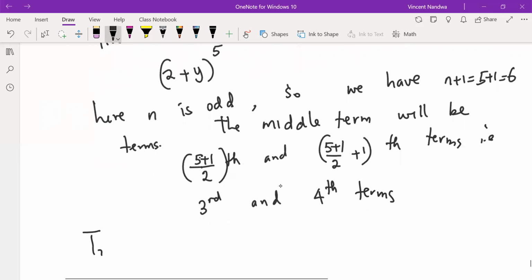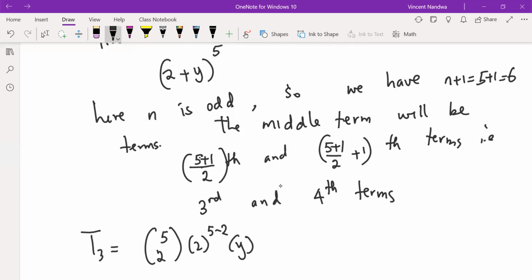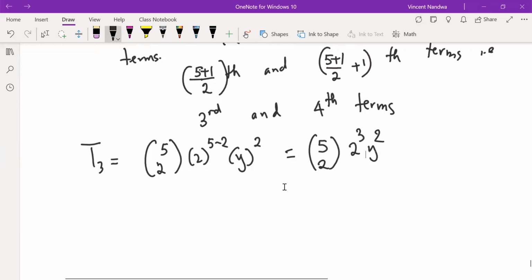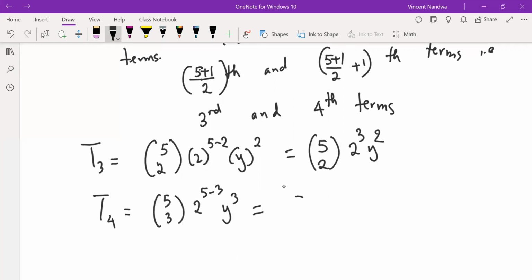The third term means r is 2, so 5C2 · 2^(5−2) · y^2, which is 5C2 · 2^3 · y^2. The fourth term means r is 3, so 5C3 · 2^(5−3) · y^3, which is 5C3 · 2^2 · y^3.